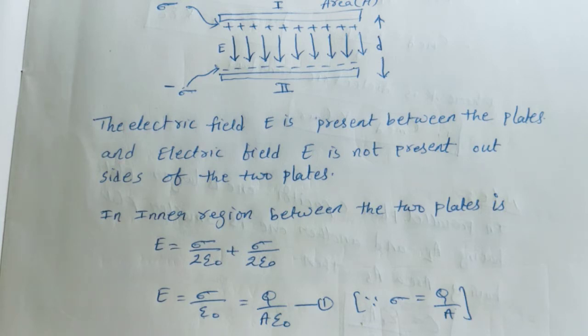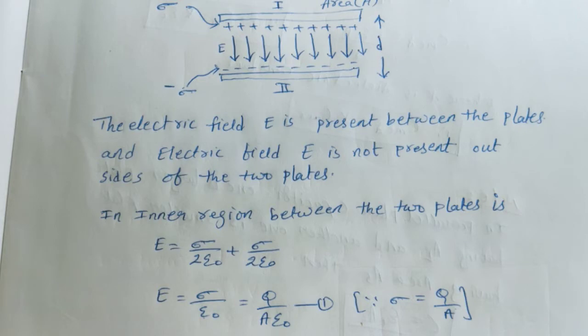We know from previous knowledge that the electric field intensity from a sheet is E equal to sigma by 2 epsilon naught. That is the fundamental formula for the electric field intensity developed by a charged sheet. Once again, for a sheet E is equal to sigma divided by 2 epsilon naught.